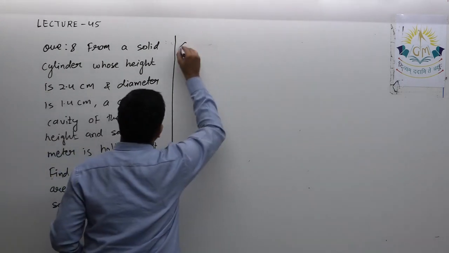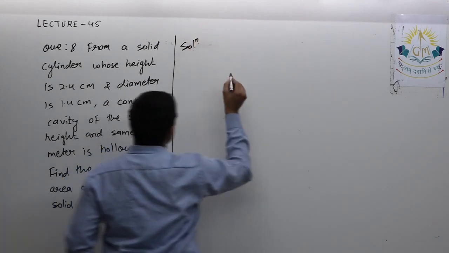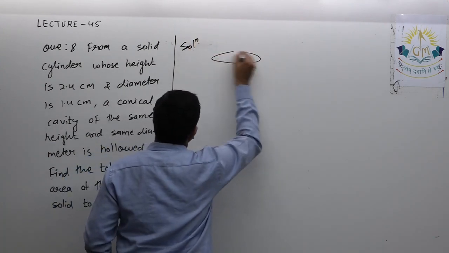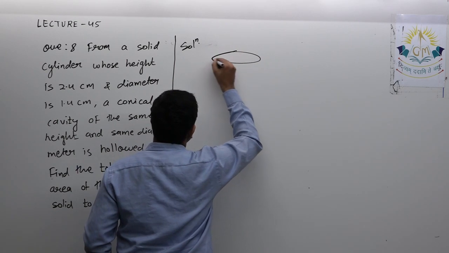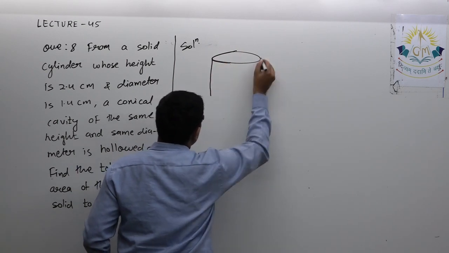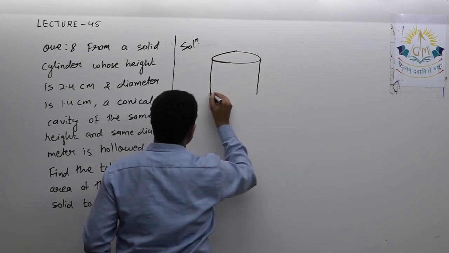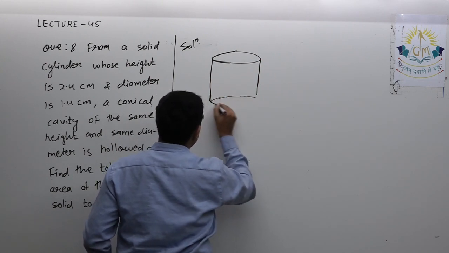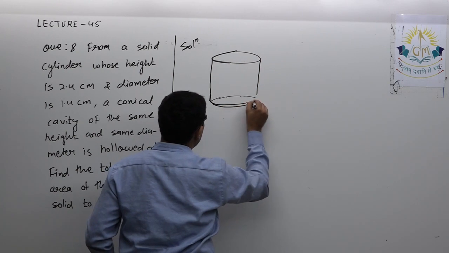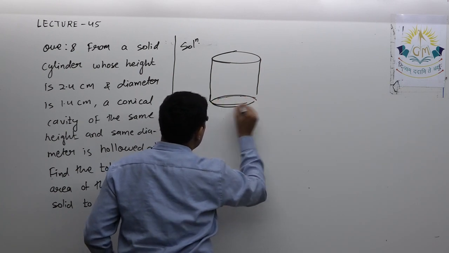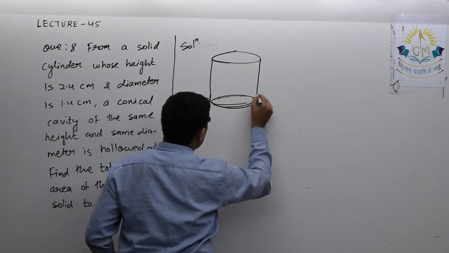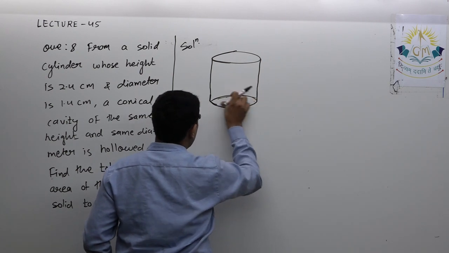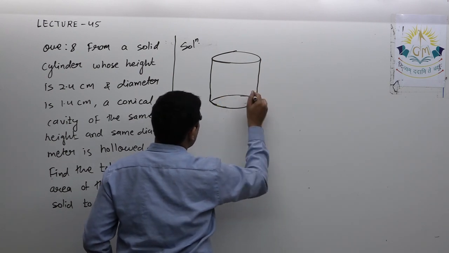It is something like this. Suppose we have a cylinder over here, and from this cylinder a conical cavity is taken out. Also, the height and the diameter of that conical cavity are the same as the height and the diameter of this cylinder.